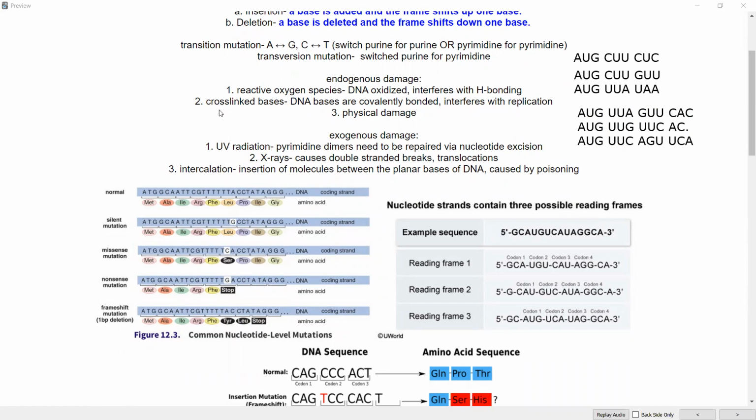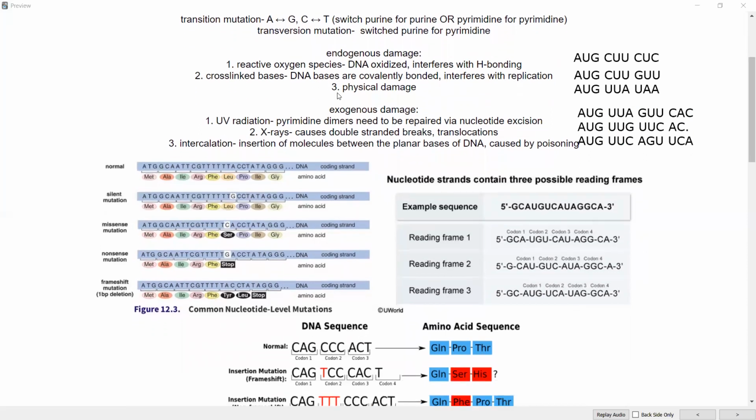That's why you'll often hear about how healthy antioxidants are, because we're trying to get rid of these reactive species that can cause DNA damage. Cross-linked bases are when DNA bases accidentally get covalently bonded, and that's just not supposed to happen. They're only supposed to be H-bonded to each other, not covalently bonded. So that's a whole mess. Physical damage could also occur.